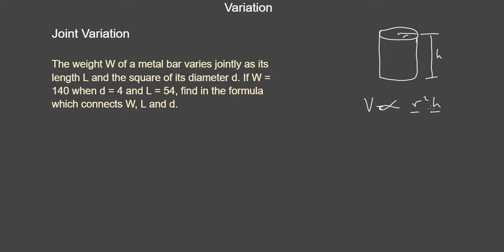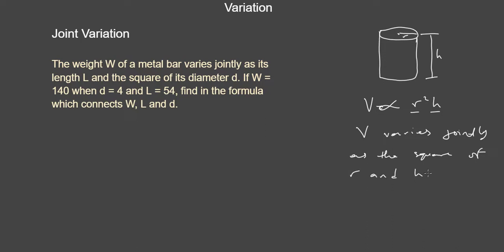Two things are at play here. It is proportional to the square of the radius of the cross-sectional area, and the height of that cylinder. So in this situation, you say V varies jointly as the square of the radius R and the height. That's how you should imagine this.